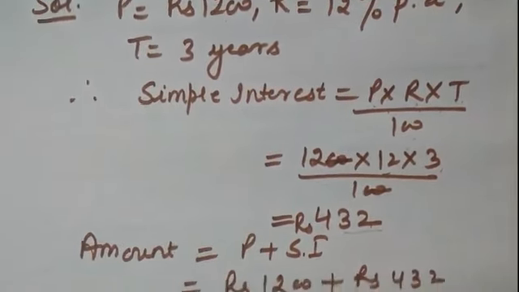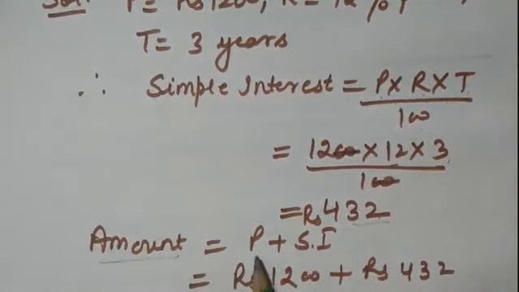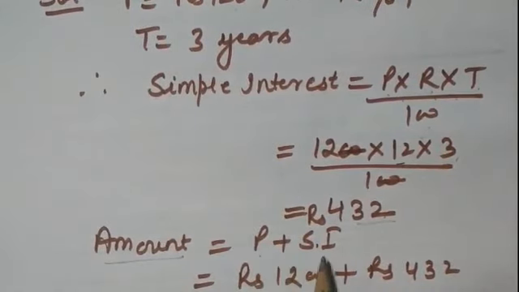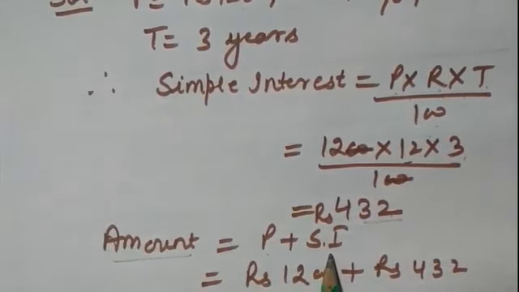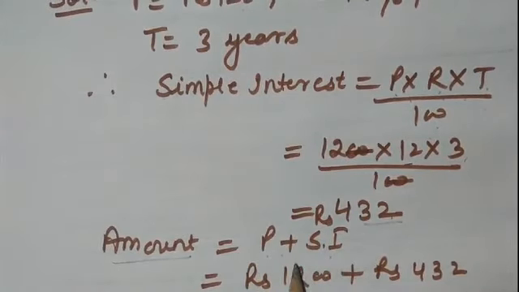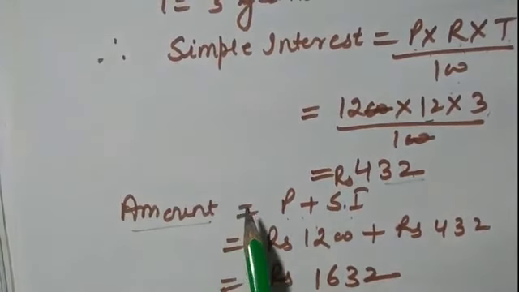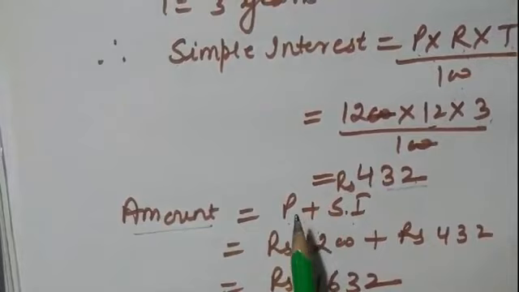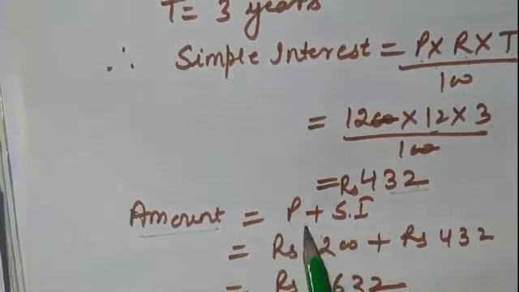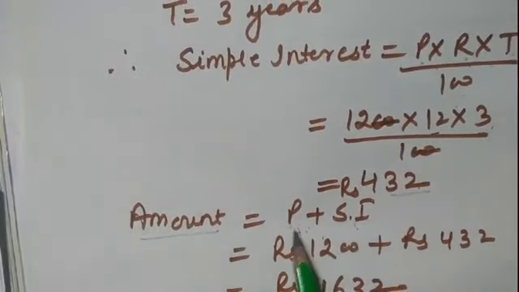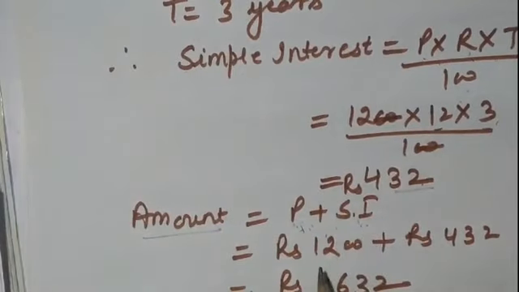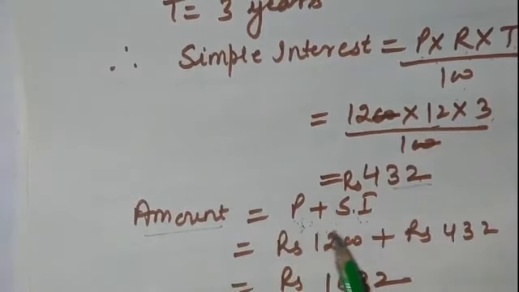Now how will you find amount? Amount means principal plus simple interest, the total amount paid along with the interest. Amount is principal plus simple interest.